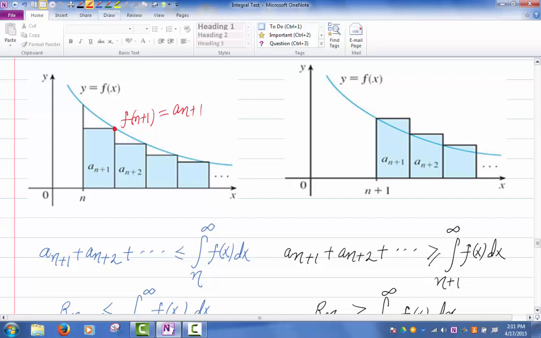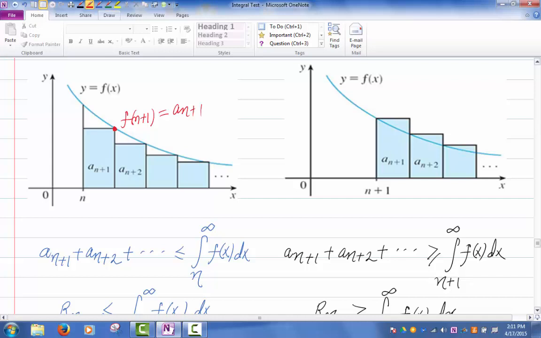So what's the total area of the rectangles? It will be an plus 1, an plus 2, an plus 3, which is clearly less than the area below the graph of f from n to infinity, which is given by the integral from n to infinity of f, right?